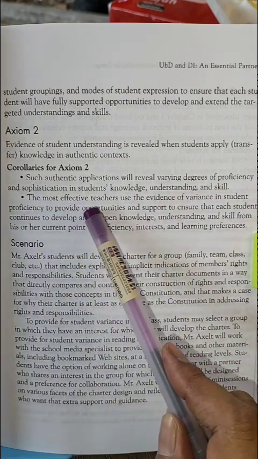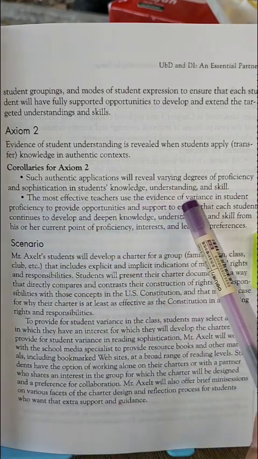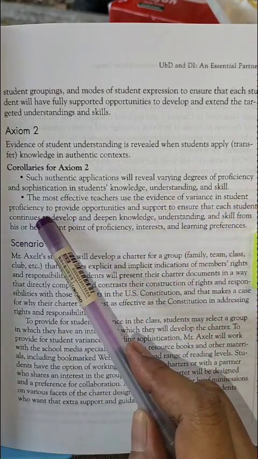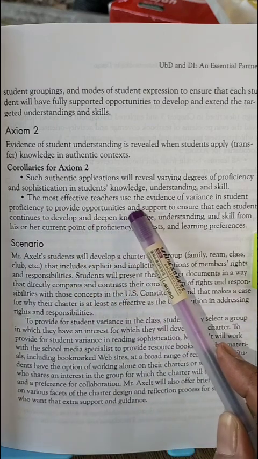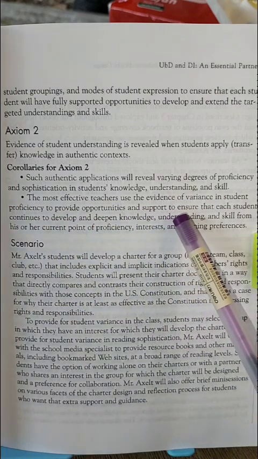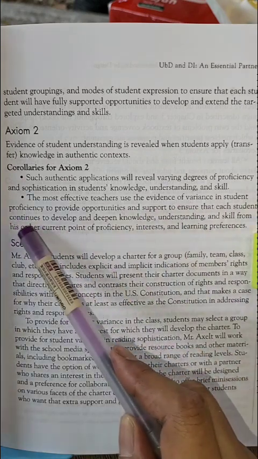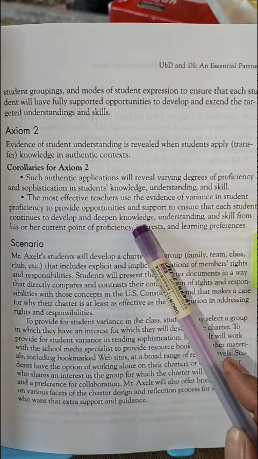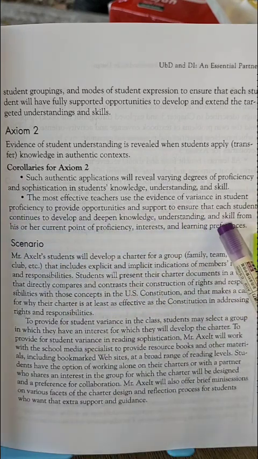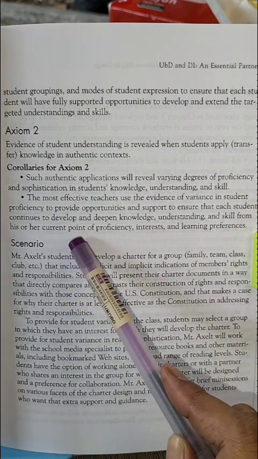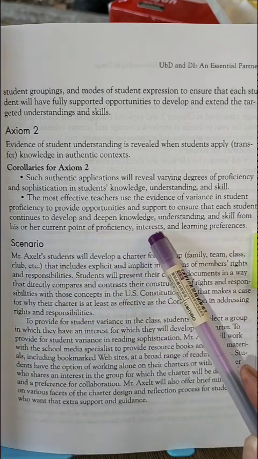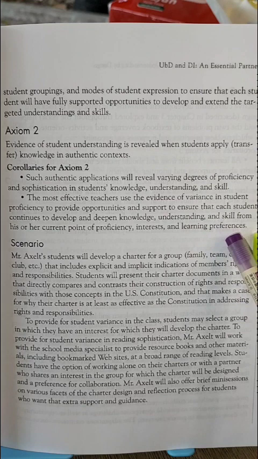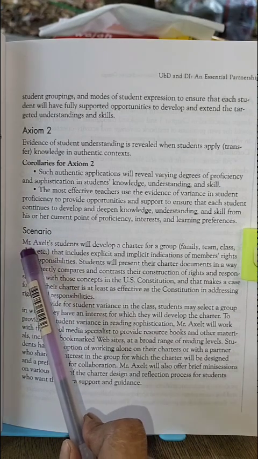The most effective teachers use the evidence of variance in student proficiency to provide opportunities and support to ensure that each student continues to develop and deepen knowledge, understanding, and skill from his or her current point of proficiency, interests, and learning preferences.